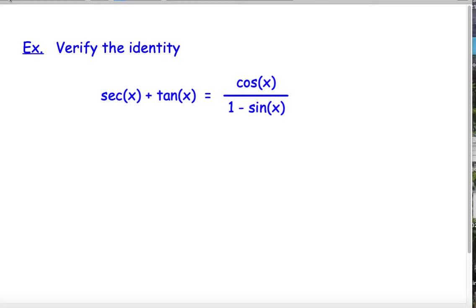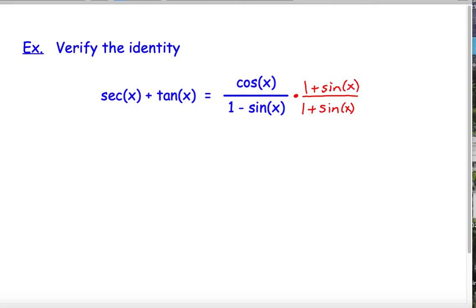But just for a change, let's work with the right side. And here's a common technique that's useful sometimes. Notice I don't have any fractions on the left. So maybe if I take the cosine over 1 minus sine and multiply by the conjugate of the denominator. What if I multiply by 1 plus sine of x over 1 plus sine of x?